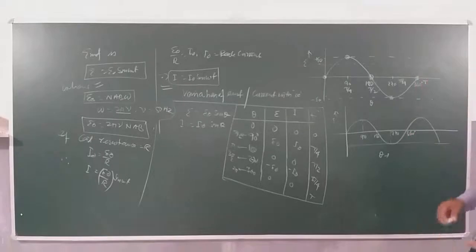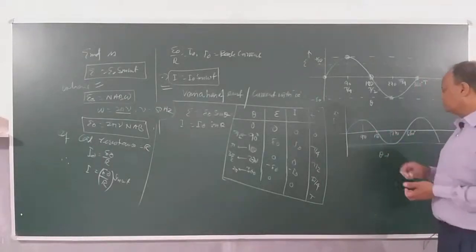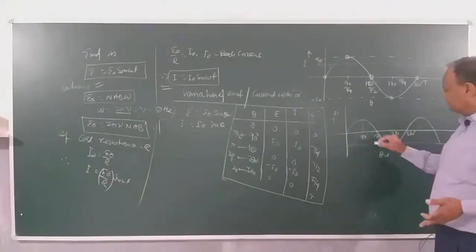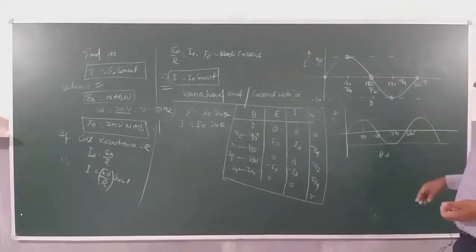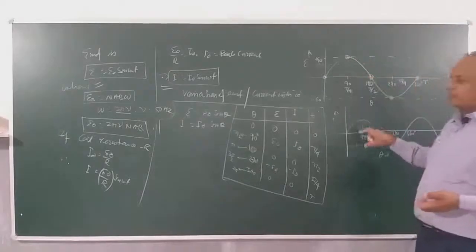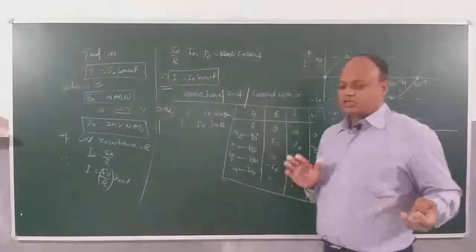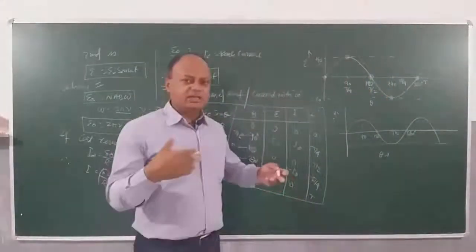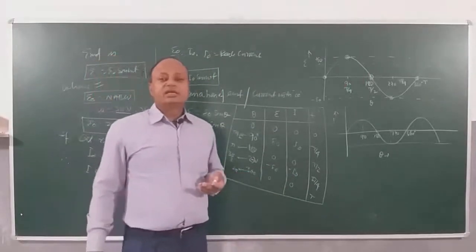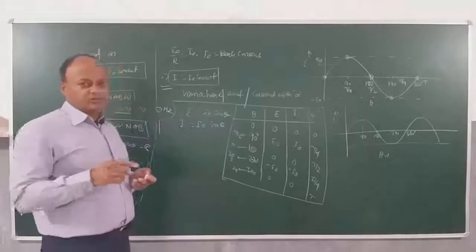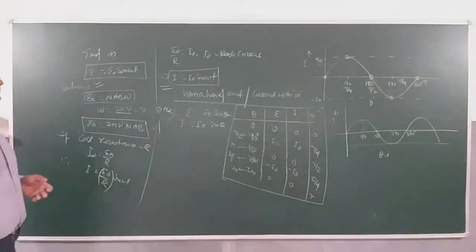You can also plot against time: this is t by 4, t by 2, 180 degree here, this is 3t by 4 and this is t. So you can see that the amplitude of EMF will be more than the amplitude of current. Clear? So whenever we rotate a coil in a magnetic field, it will generate alternating EMF and therefore alternating current also. Okay? Alright.